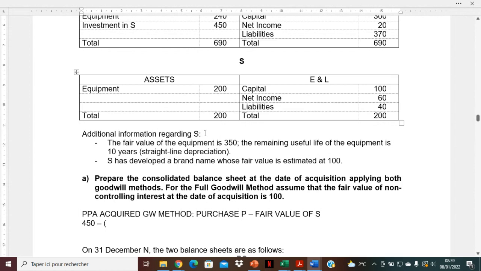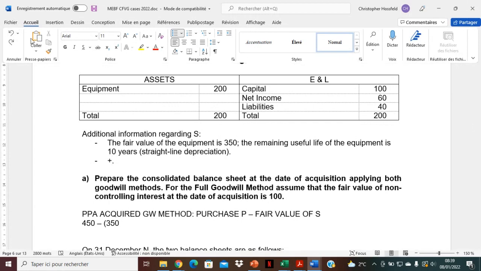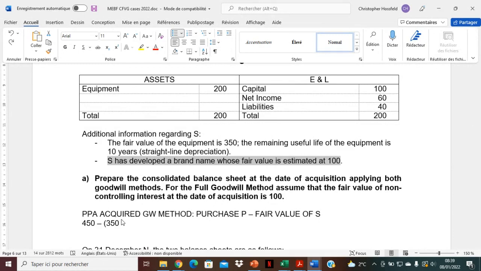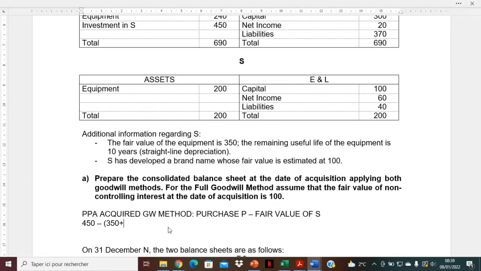S has only one asset, which is an equipment. The fair value of the equipment is 350. S also has a brand name whose fair value is estimated at 100. So that also counts. Okay, so plus 100. No other assets, and we need to deduct the liabilities.